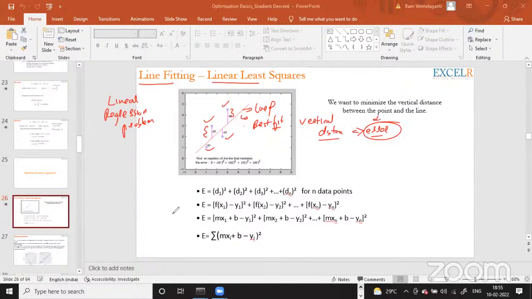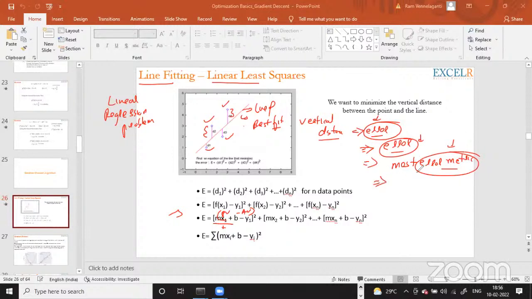What is the formula for your error? It is the difference between your predicted value and actual value. Now, what is our objective? We have to minimize our error. So what is the most common error metric that we can use in your regression problems?